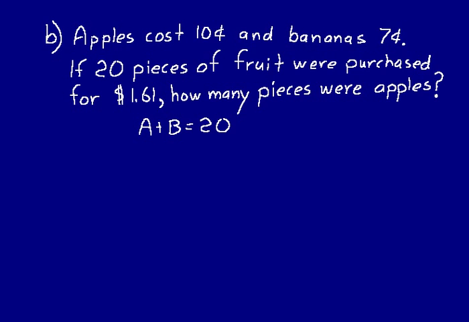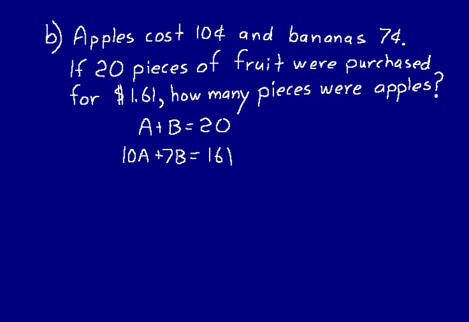The apples cost 10 cents, so we can say 10A. The bananas were 7 cents, so 7B equals the total of the fruit that was purchased, which was $1.61. We need to change that to cents though. 161. Now that value equation is all in terms of cents.